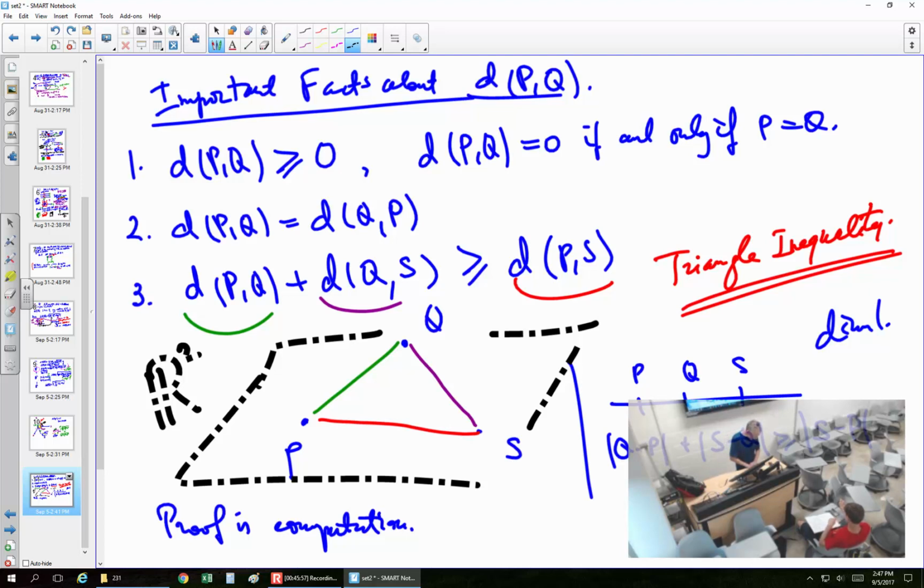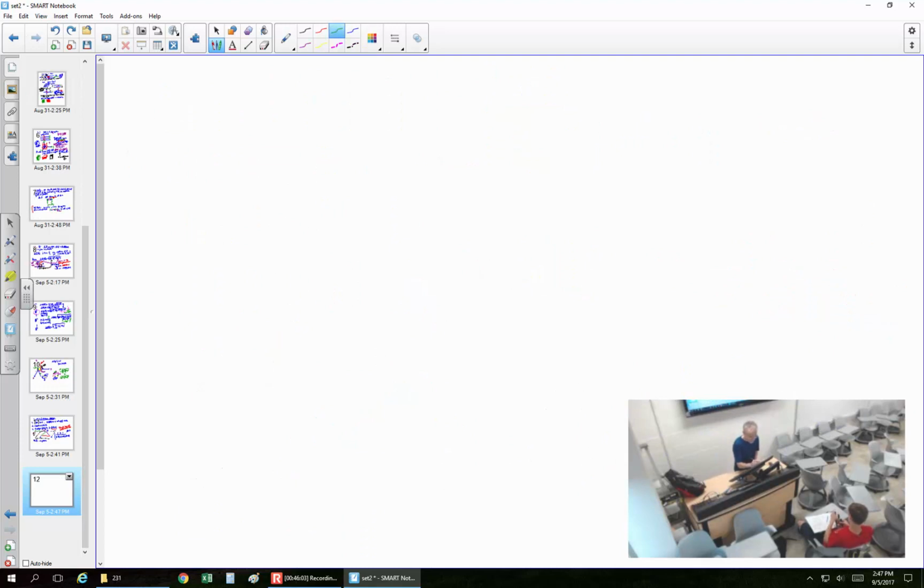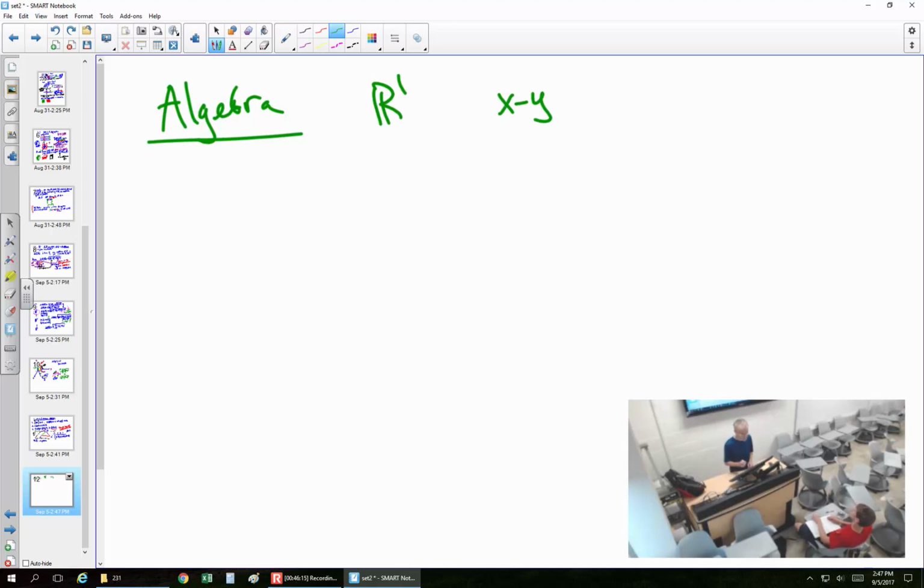Okay, now we are moving towards algebra. So we already saw algebra in R1 with real numbers. So simply x minus y.